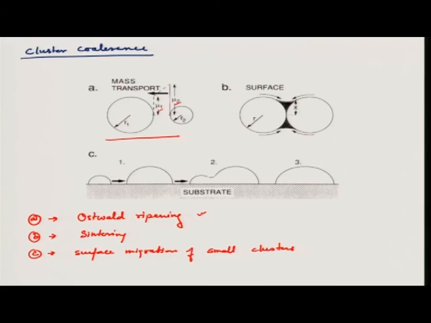So one large nucleus, or several such large nuclei, will grow in size and form the thin film. That is one part. The second process is sintering. If two nuclei of similar size join each other, they will form a neck in between, and the shape of the neck is concave and this is convex.